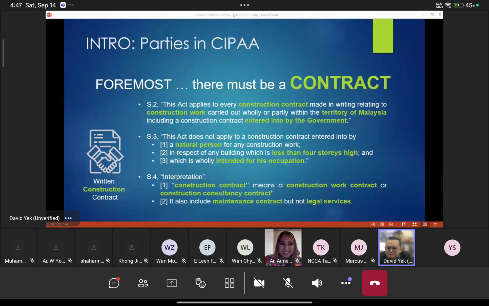Even final account should rightly be dealt with in arbitration. But now adjudication can do final account. You can imagine, 45 days to do a final account, crazy. It doesn't make sense, you know. But because of the decision by CIDB at that time, they also wanted final account to be adjudicated.